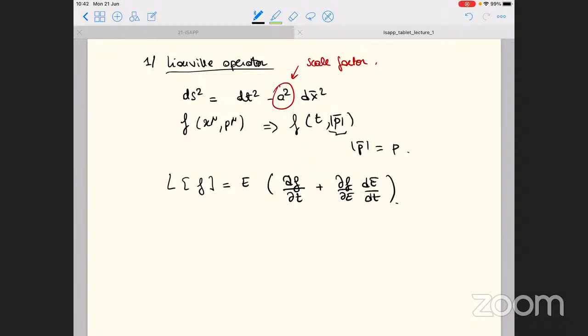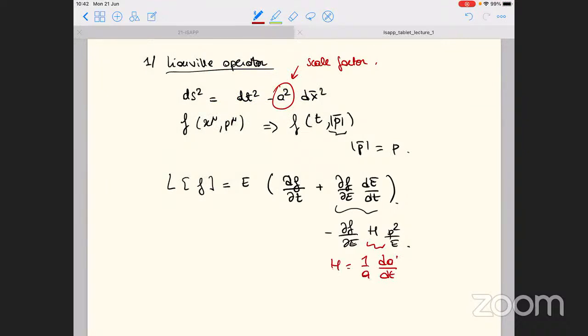I can rewrite this simply in terms of the Hubble rate, which is da over dt, times 1 over a.